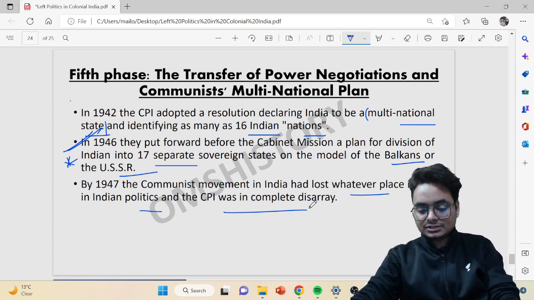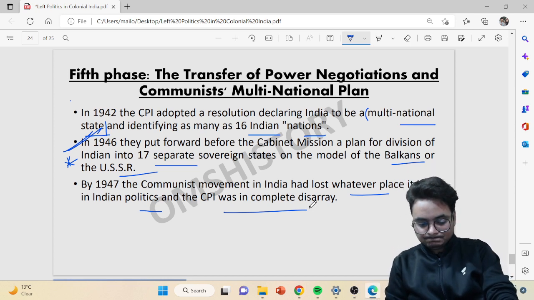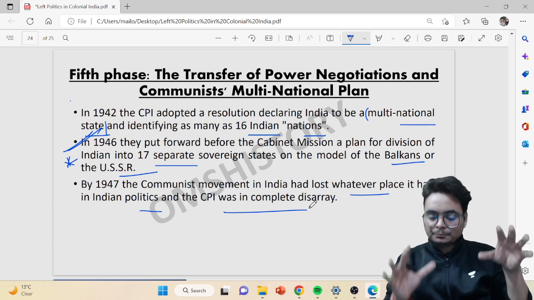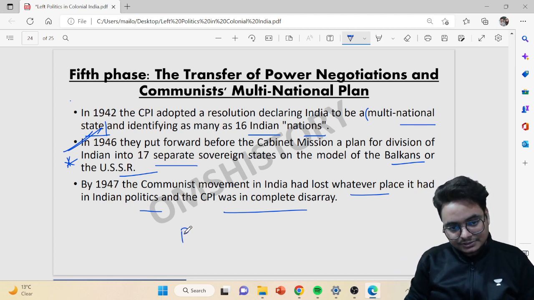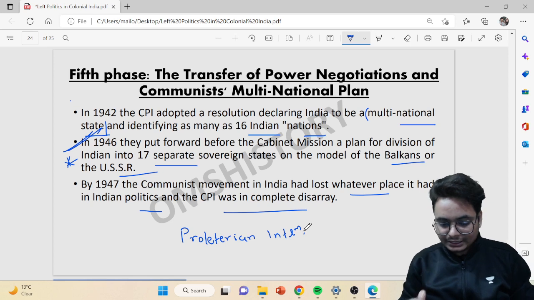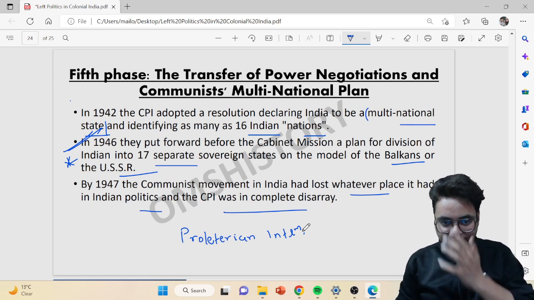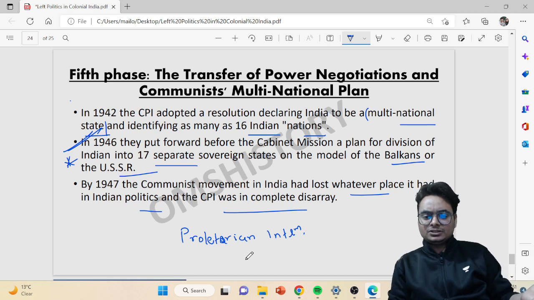So the thing was that the Communist Party of India at this very point of time, first thing is the concept of proletarian internationalism. What is this proletarian internationalism? Okay, this proletarian internationalism is somewhat similar to that pan-Islamic policy.